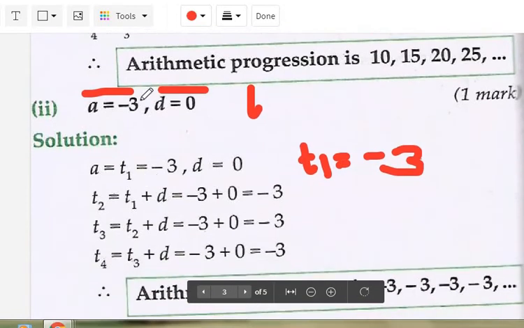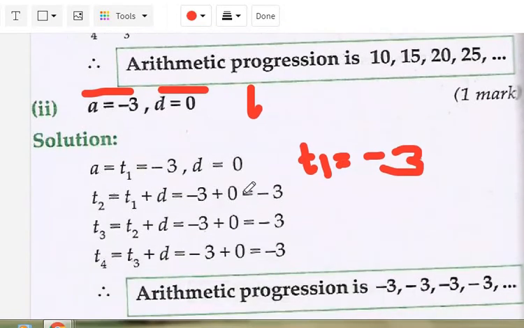T2 is equal to T1 plus D. Same formula, T1 plus D, minus 3 plus 0, minus 3. T3 is equal to T2 plus D, minus 3 plus 0, minus 3. T4 is equal to T3 plus D, minus 3 plus 0, minus 3.